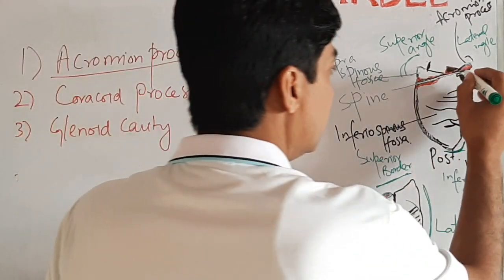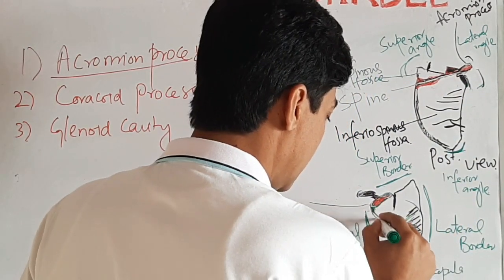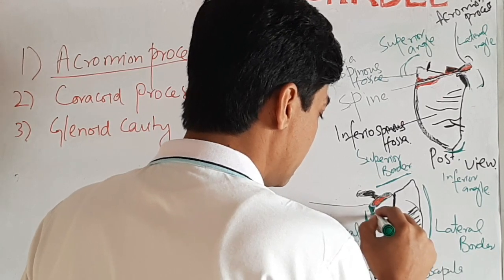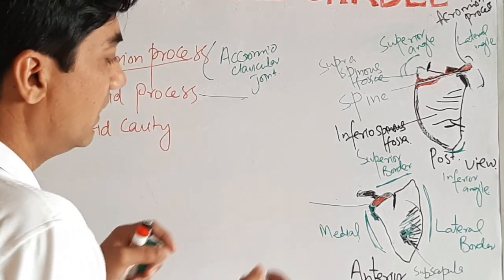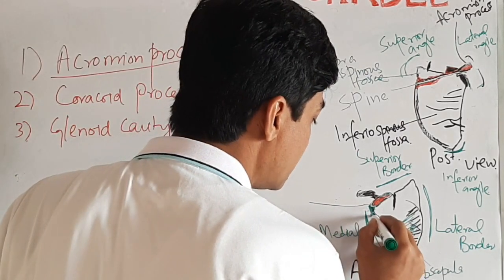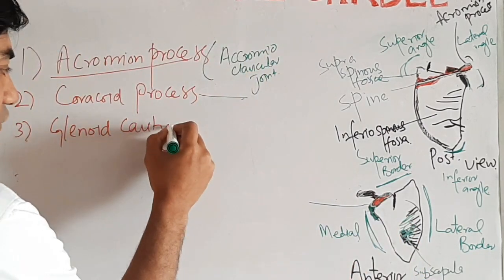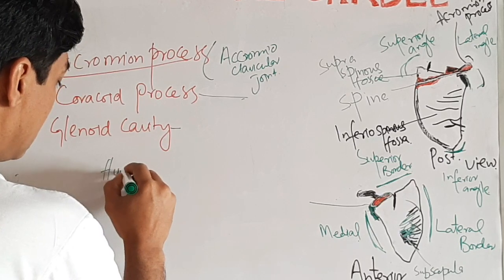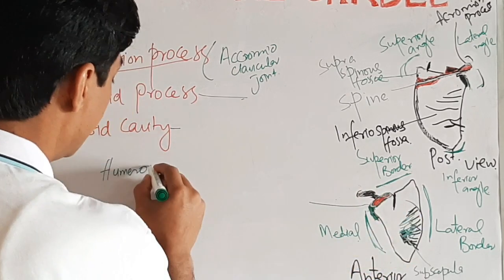Laterally, this is the glenoid cavity. It is the humeral attachment. The head of the humerus is loosely attached with the help of muscles here and forms a joint called the glenohumeral joint.